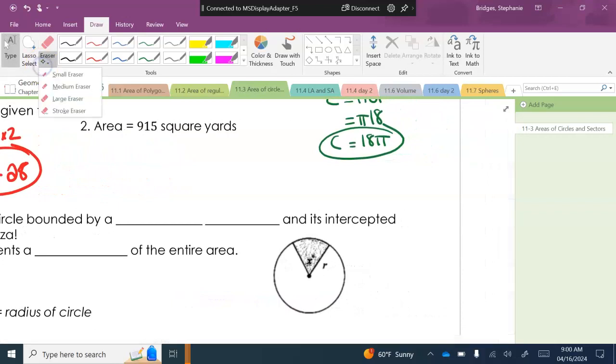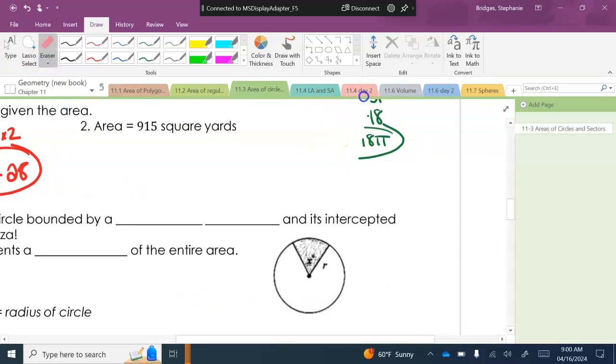Same question. Still looking for the diameter. But this one's slightly different because what does my area not have in it in this one? It doesn't have the pi symbol. Okay, so let's go ahead and start the same. We're looking at this equation here. We're going to replace area with its formula, pi r squared.